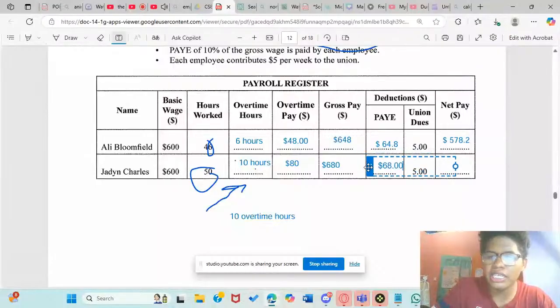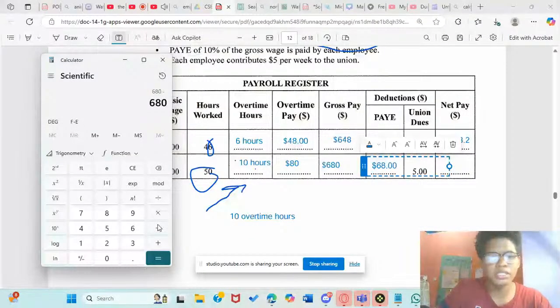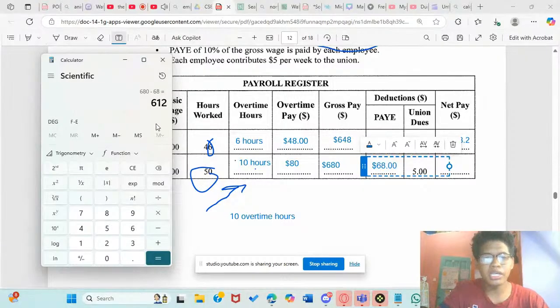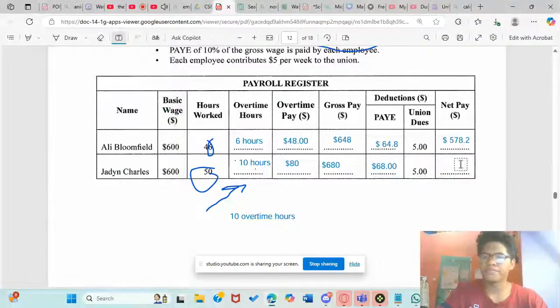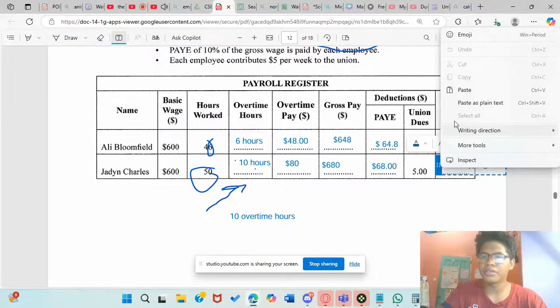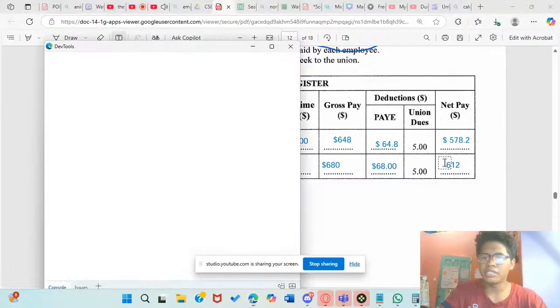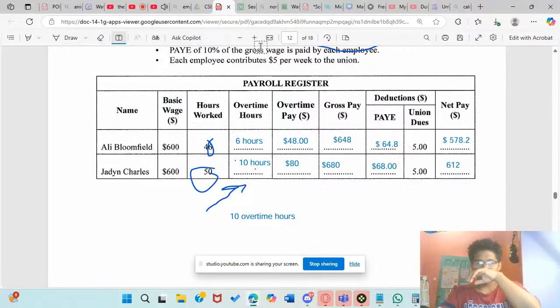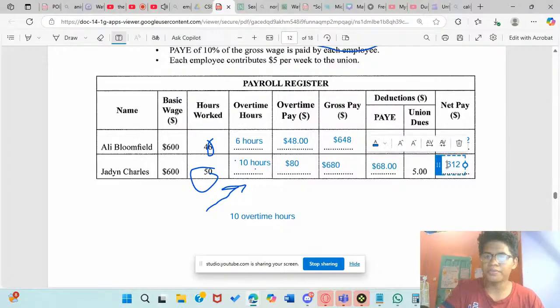Now let's calculate 680 minus the 68. And from that, we have 612, right? I'll take that value and put that in right now. So that will be 612.